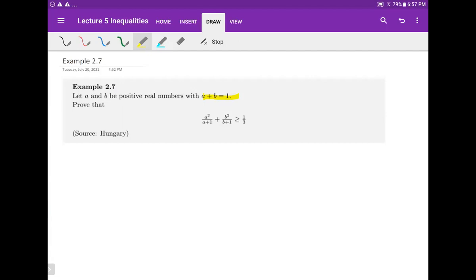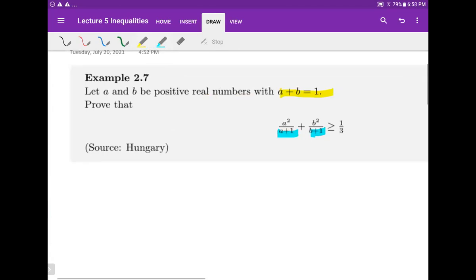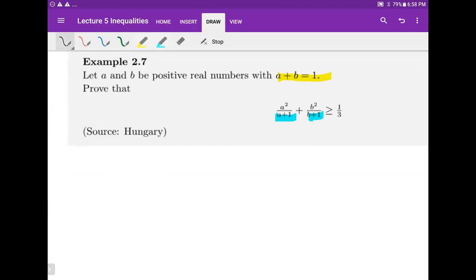One thing that immediately annoys us is that these denominators have a plus 1 in them, which makes them annoying to deal with. But we can see that Cauchy-Schwarz can also eliminate denominators quite easily. So here is what we would do.